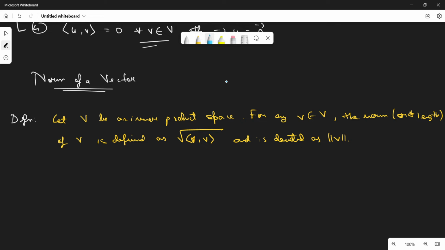So basically norm of a vector is equal to the root of the inner product of v on itself. This can also be written as norm of a vector squared is the inner product of v on itself.